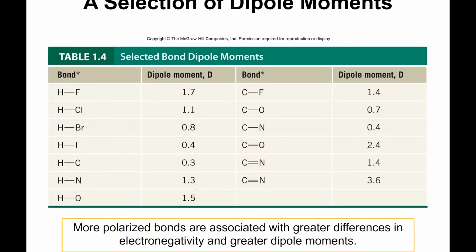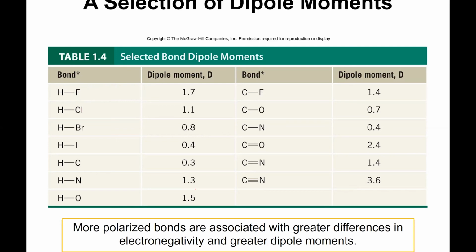So here's a table if you want to review some common bonds that we will look at and their dipole moments. So we talked about HF. This is a bond between a hydrogen and a fluorine. And here are other common types of bonds we'll look at, including carbon-oxygen bonds, which is a very typical one we'll see in organic chemistry, or hydrogen-nitrogen bonds. These numbers here are associated with the differences in electronegativity between the two elements.